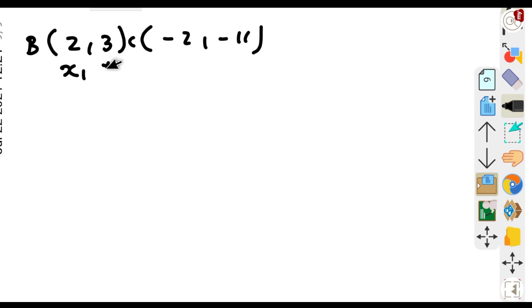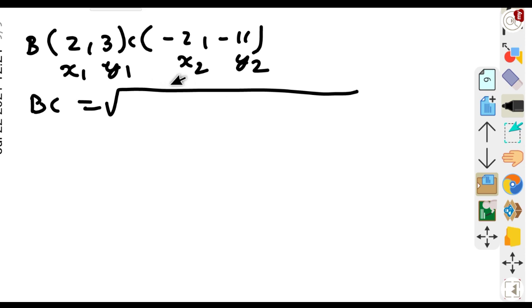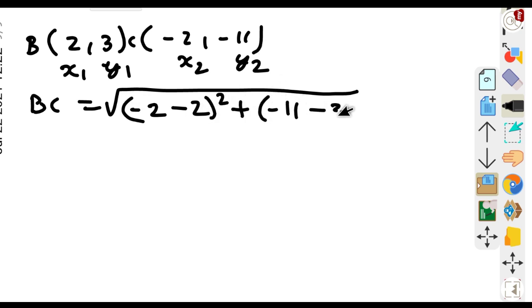Call this as x1 y1 as usual, and x2 y2. So BC equals under root of, I'll apply the data directly because you know the formula children. So x2 is minus 2 minus x1 is 2 whole square plus y2 is minus 11 minus 3 whole square.